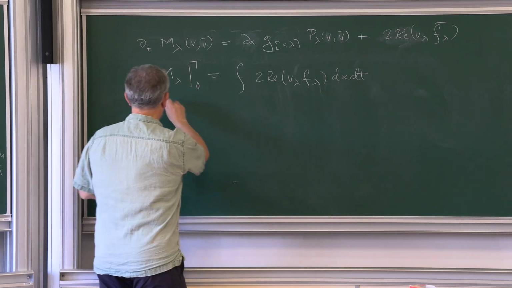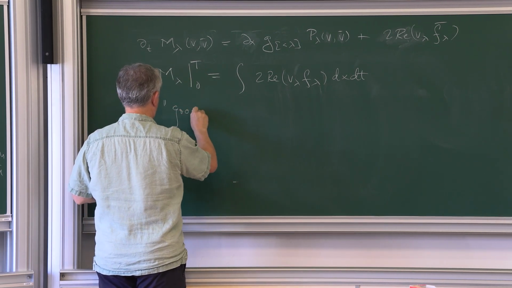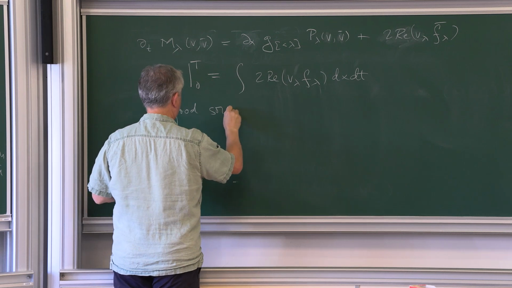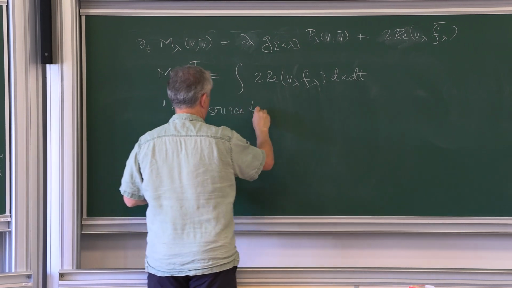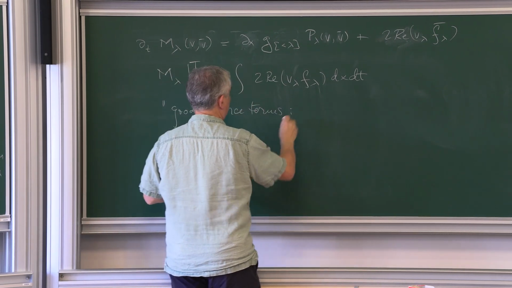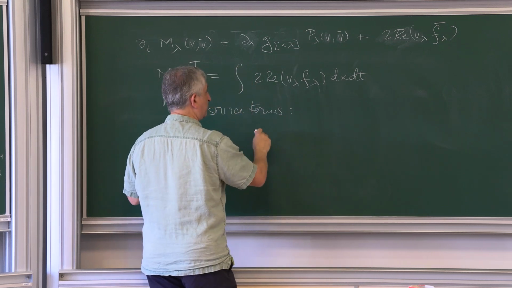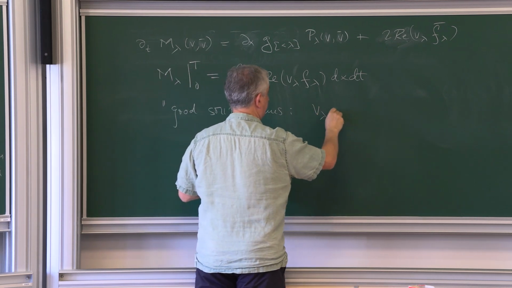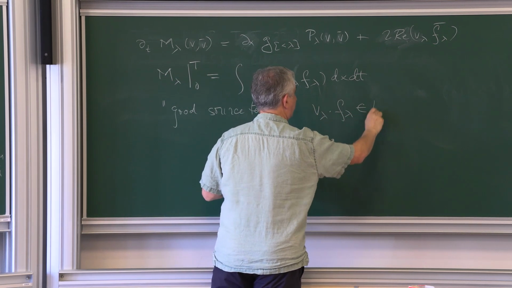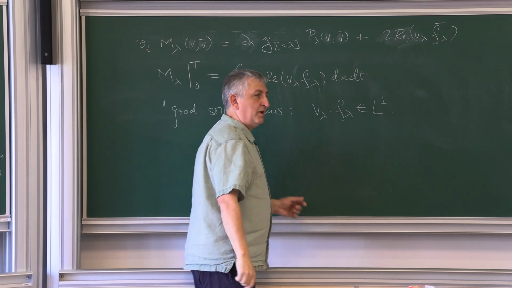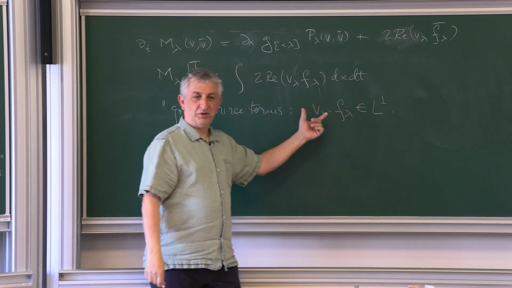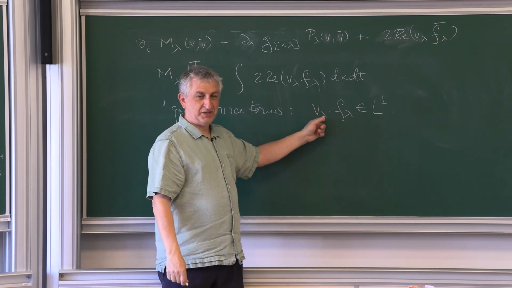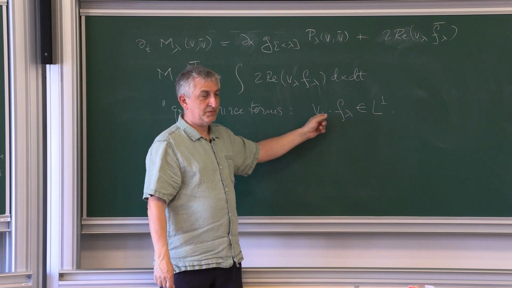All right, so the notion of good source terms would be those f lambda for which v lambda times f lambda is in L1. This is a little bit a roundabout definition because it depends also on what the solution is. But still.